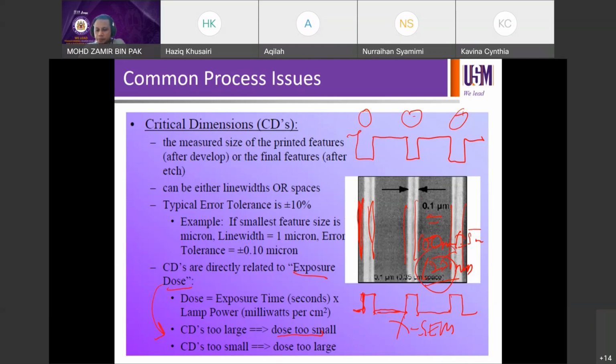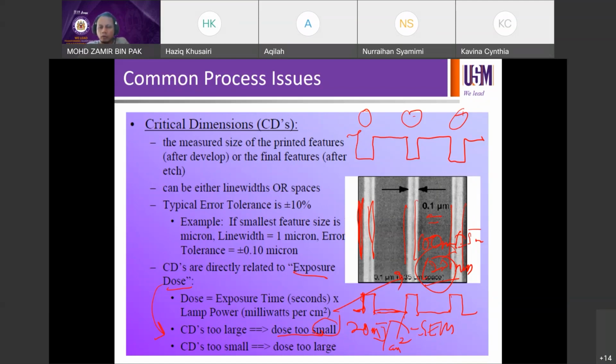For example, if you're supposed to run at 20 millijoule per second squared, DUV, maybe due to some fluctuation in the exposure system, the system is only exposing the wafer at 16.5 millijoule per second squared, and that results in 125 nanometer of CD.